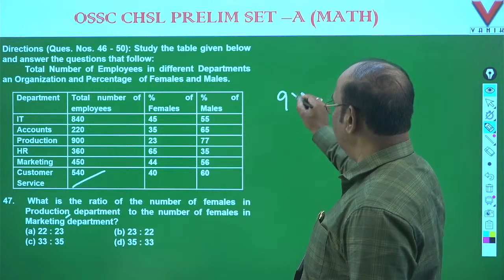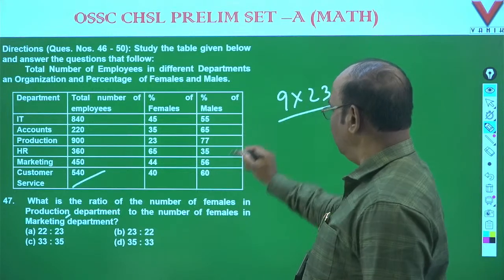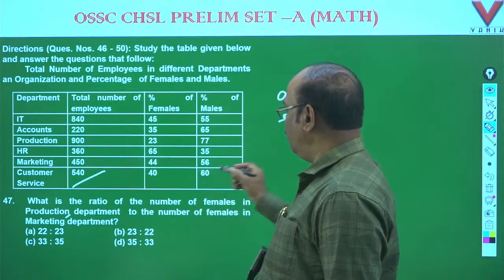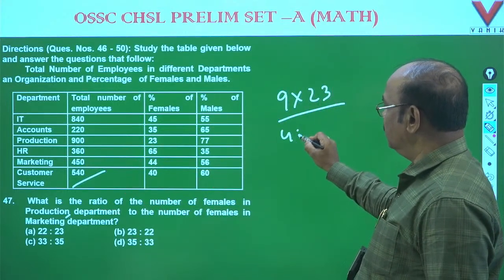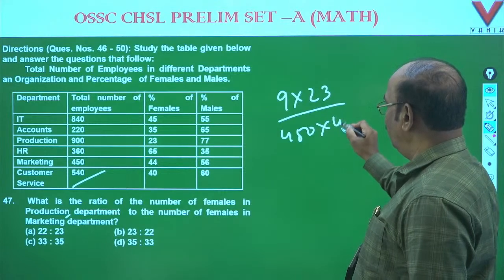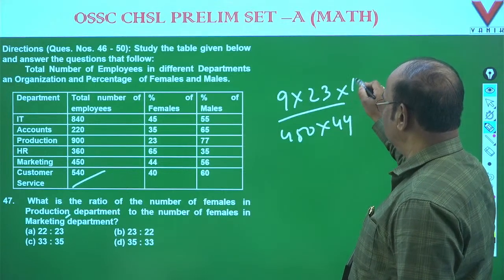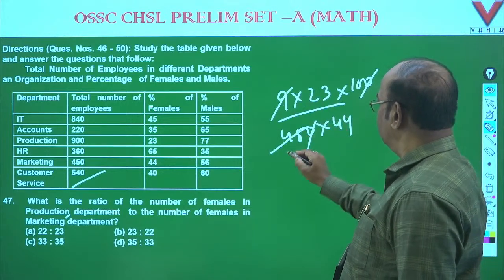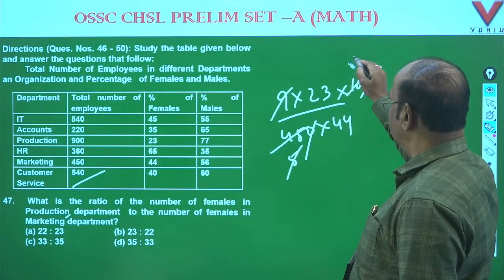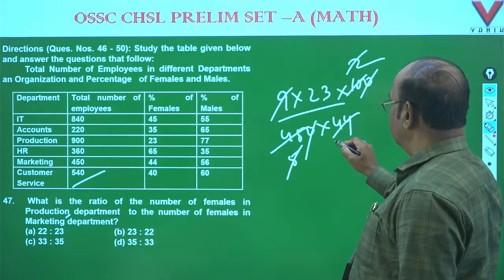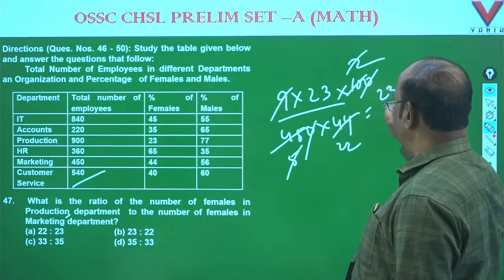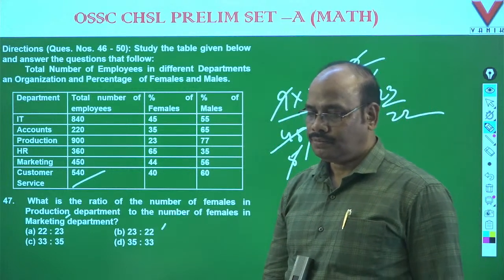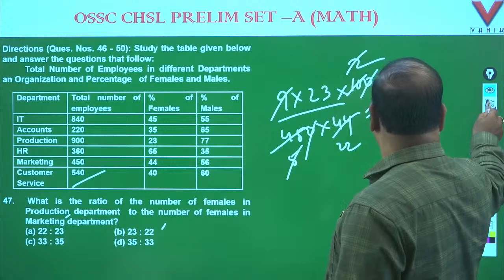Females in marketing: 44% of 450. Cancel 9, 5, 2 and we get 23 by 22. The answer is option B. Next question.